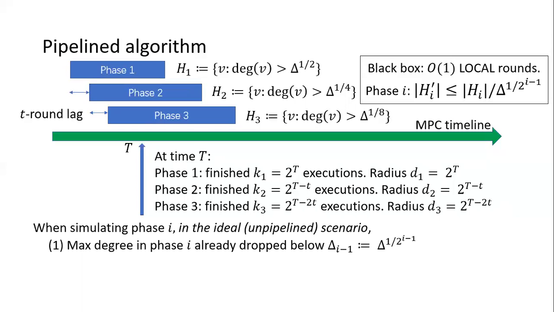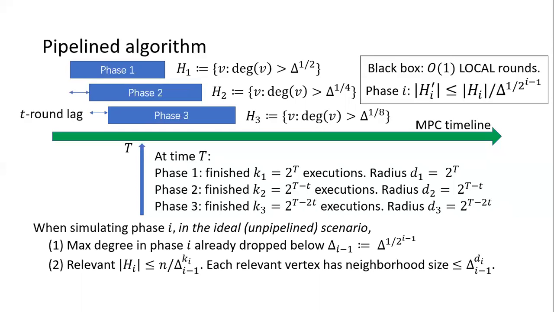And the number of relevant vertices is already reduced by a factor of delta_i minus 1 to the k_i, where k_i is the number of finished executions. The size of each d_i hop neighborhood can be controlled using the maximum degree. We multiply them and get the global memory bound. That is the ideal scenario.